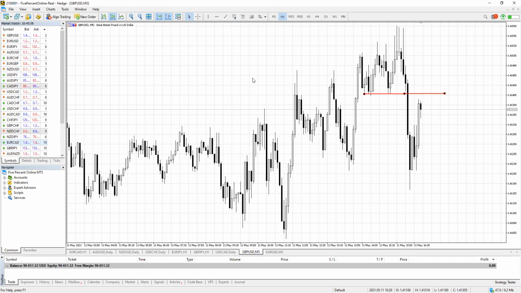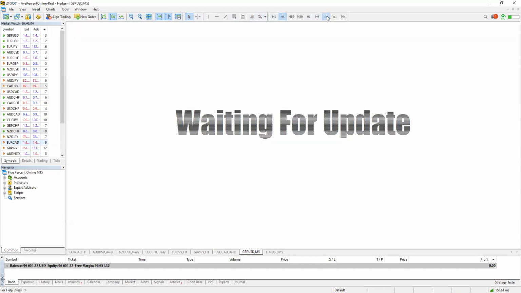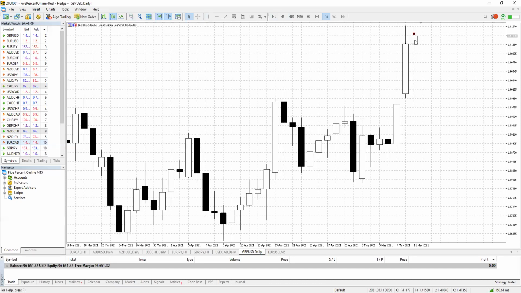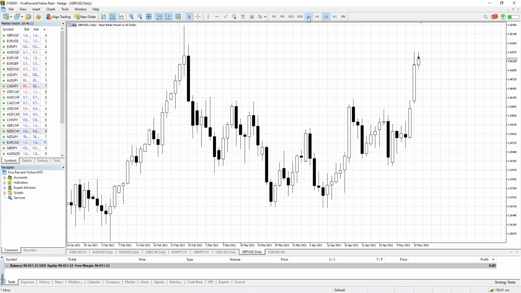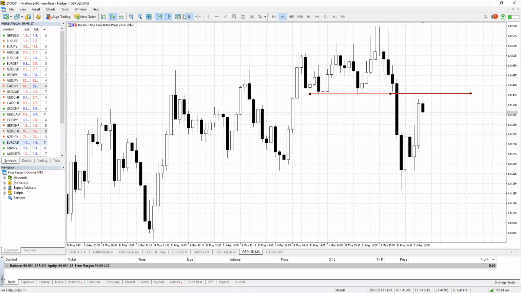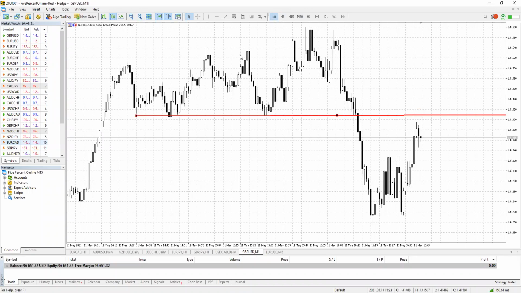The bias and the overall trend is still to the upside. Okay, we need to keep that in mind always. Even on the daily chart, we're on a bullish day. So every time we want to trade counter to that, we need to be careful.